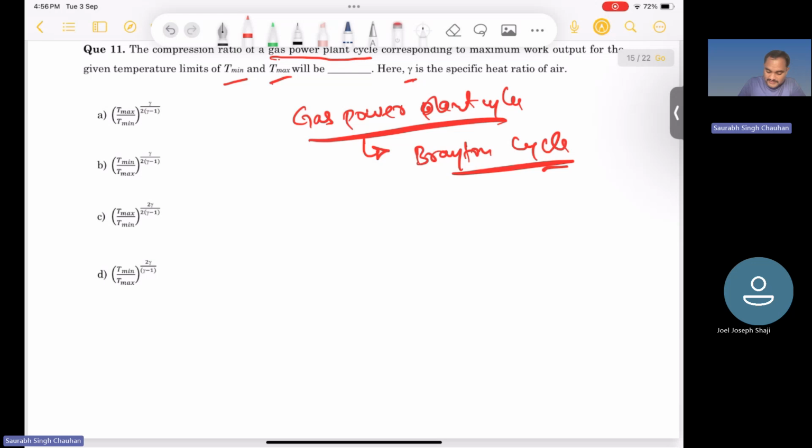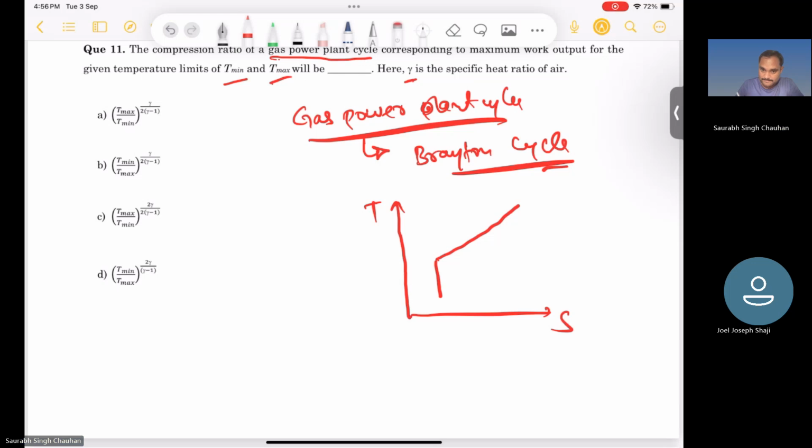So if I make a TS diagram for Brayton cycle, there is isentropic expansion. This is TS diagram. Then isobaric expansion. Then again isentropic process. And then again isobaric process.